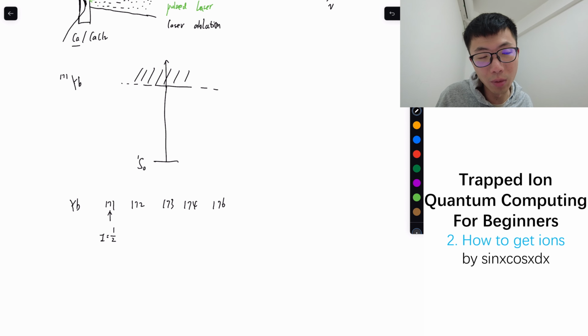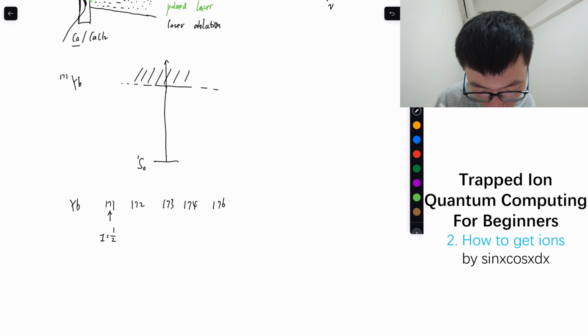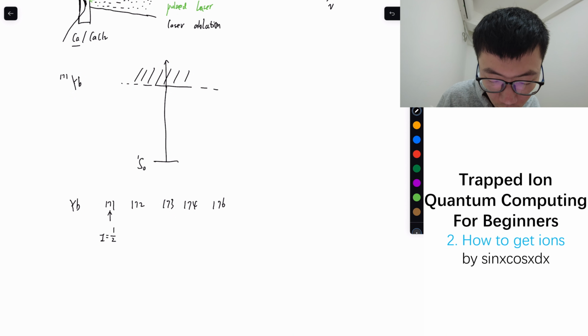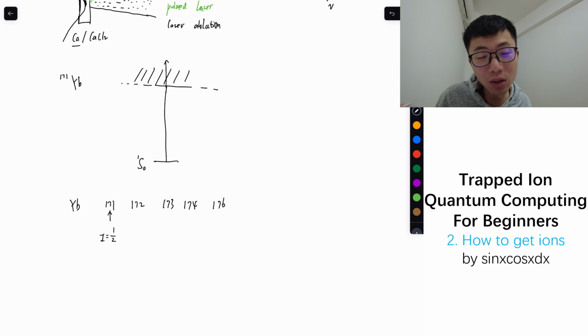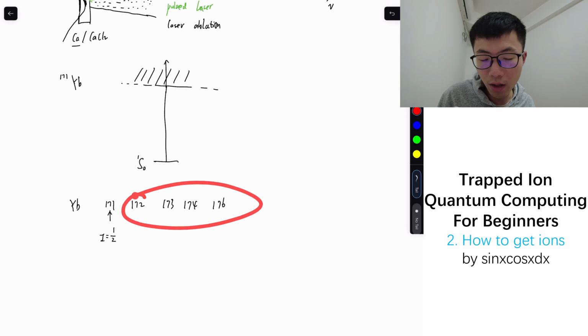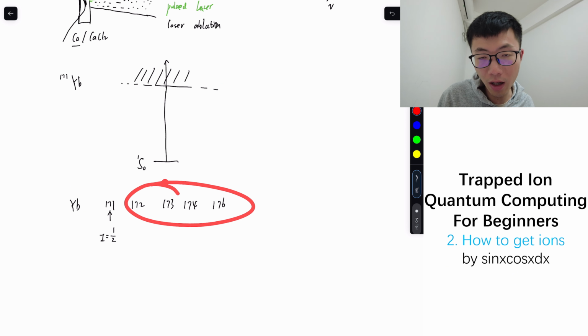So that we can use the hyperfine qubits, and then can easily do the state initialization and the detection. The energy structure is neither too simple nor too complicated. It's ideal, but naturally there are some other isotopes. How to get the other isotopes out?